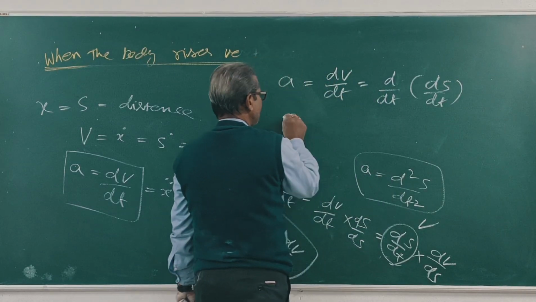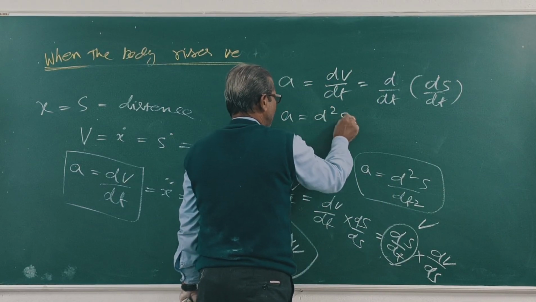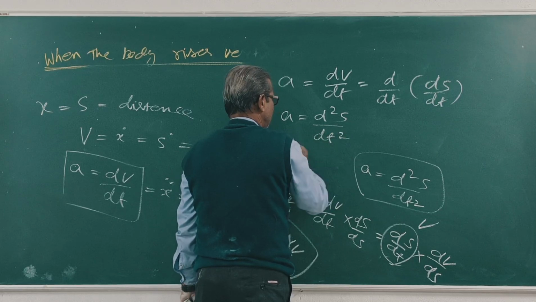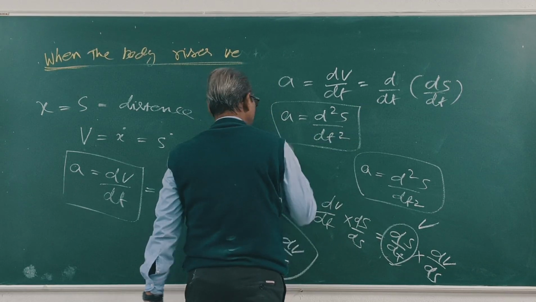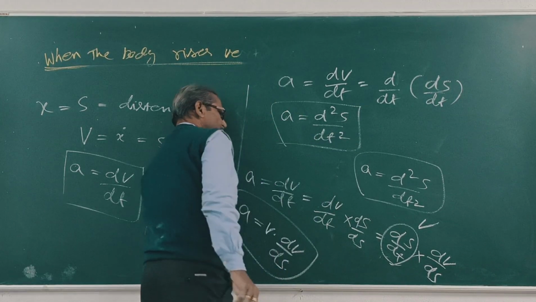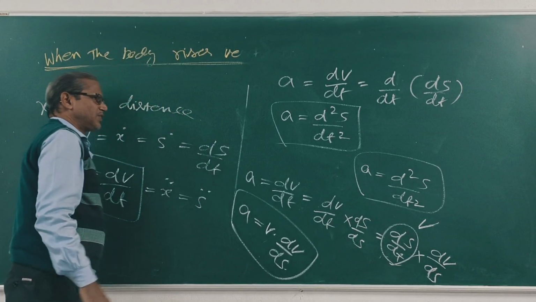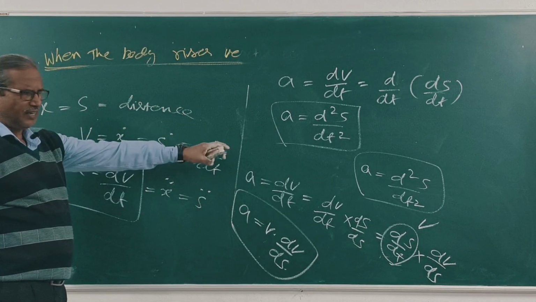Clear? So a is equal to d square s by dt square. Right?